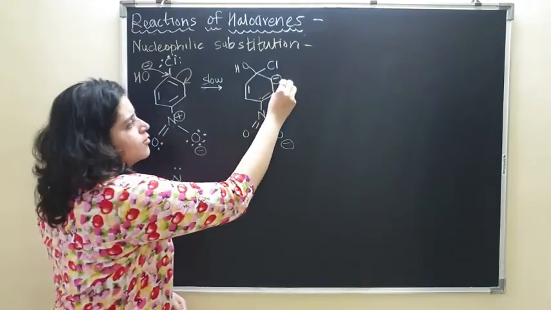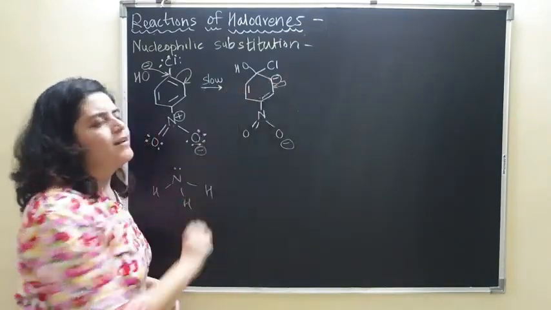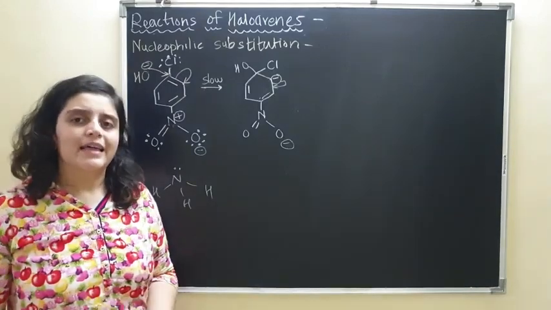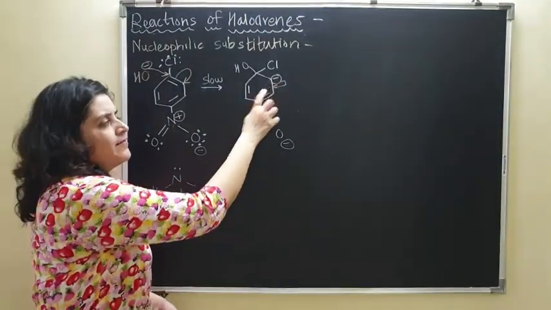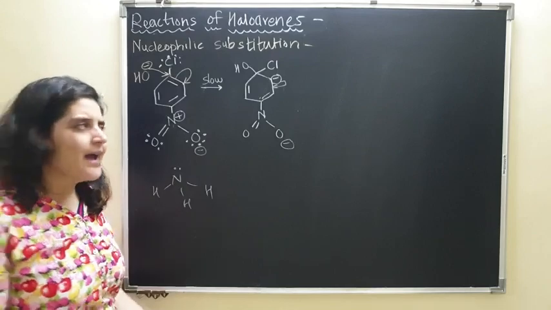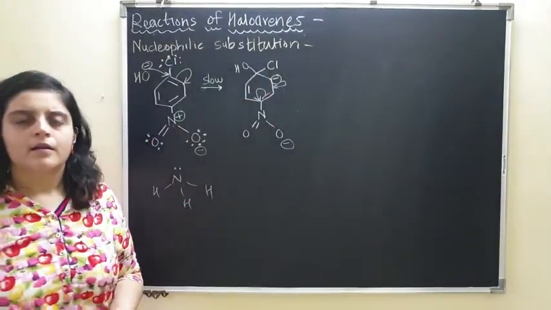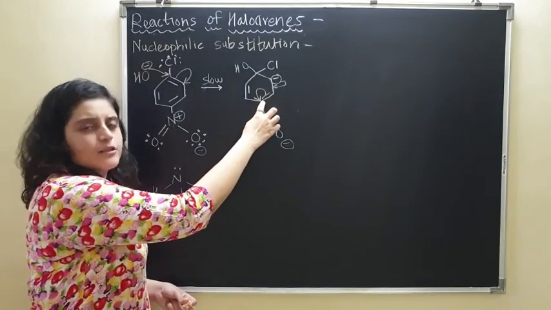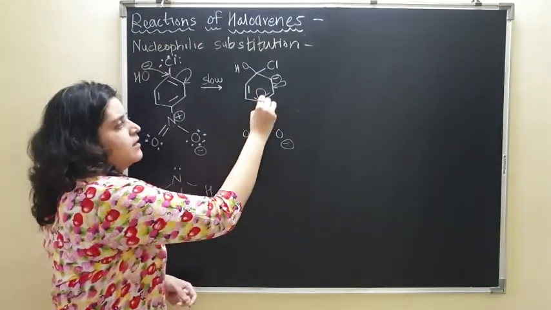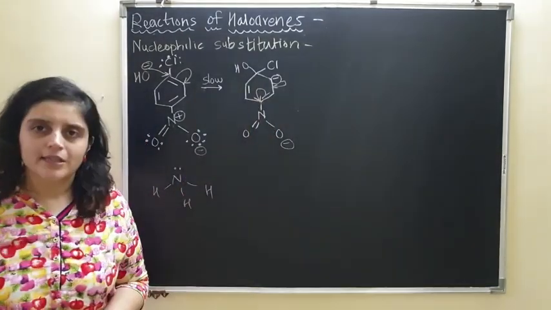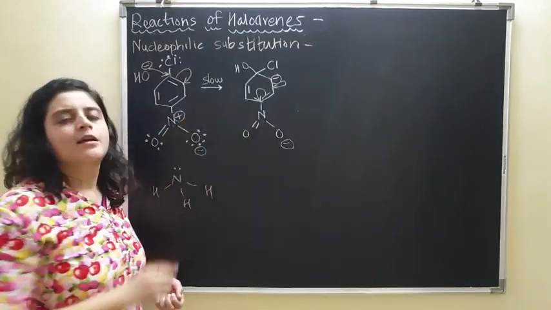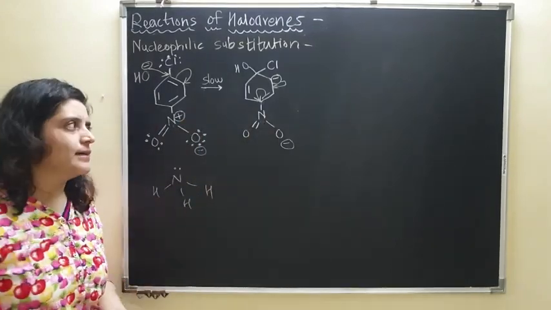These electrons will shift over here and there will be a formation of a double bond between these 2 carbon atoms, and again these 2 electrons will shift onto the 4th carbon atom, to which the electron withdrawing group is attached.